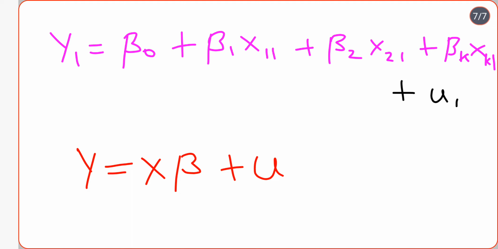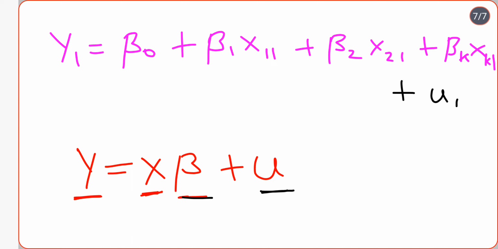Here y is not a variable, it is a vector, or you may say a matrix, which consists of all the values of the dependent variable. This x is not a variable, it is a matrix of all the independent variables. Beta is not a variable, it is a vector of all the parameters.